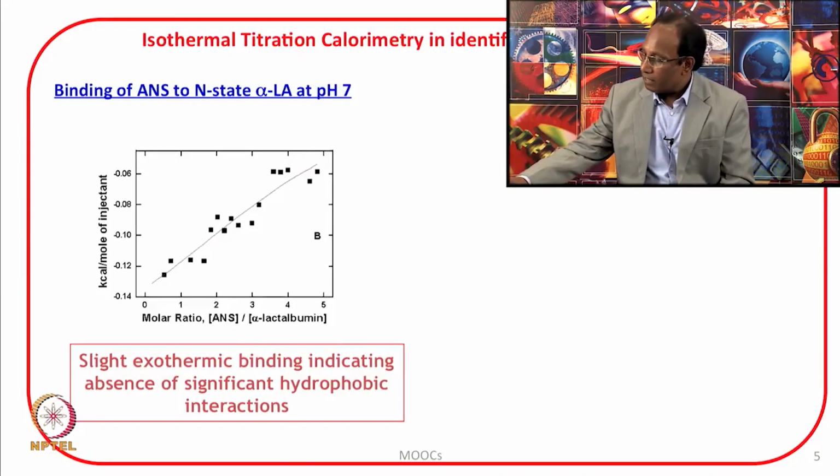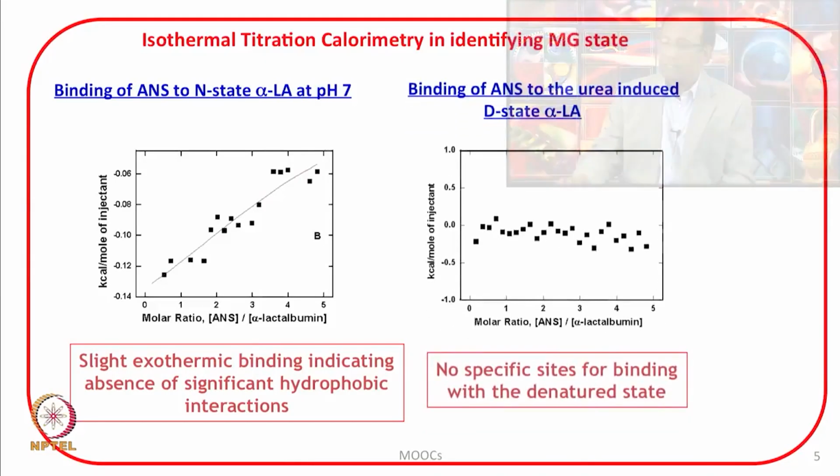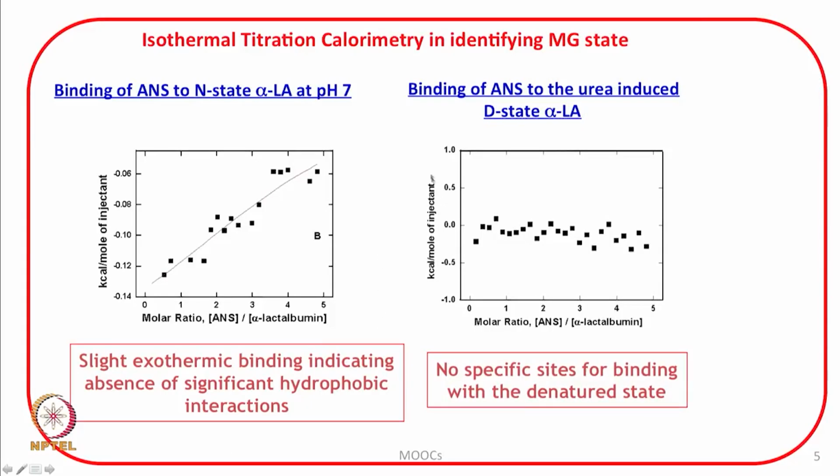And as I said, the next experiment that should be designed is the binding of ANS to the denatured state of a protein. You can denature the protein by adding urea. So, this figure represents binding of ANS to the urea induced denatured state of alpha lactalbumin. And in this we do not observe any binding behavior, any binding profile.